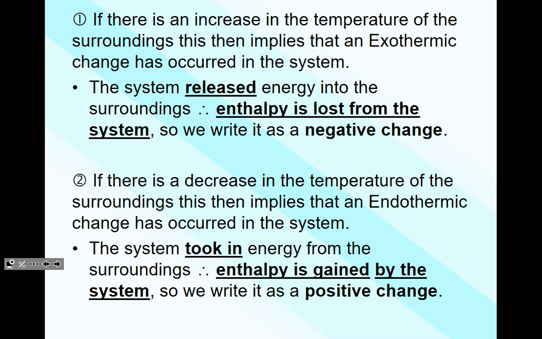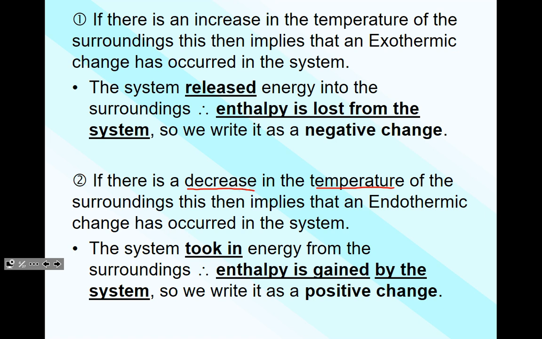If there is an increase in the temperature of the surroundings, this implies that an exothermic change has occurred in the system. The system released energy into the surroundings, therefore the enthalpy is lost from the system, so we write this as a negative change. If there is a decrease in temperature in the surroundings, then this implies that it's an endothermic reaction, which makes sense.